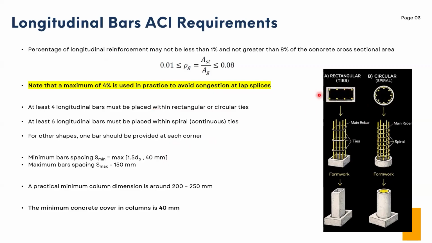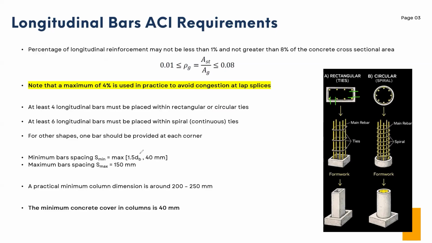As for the bars spacing, the maximum spacing between bars should be 150 millimeters. So the spacing between these 2 bars should not exceed 150 millimeters, and between these 2 bars. And the minimum spacing is 1.5 diameter of the bar or 40 millimeters, the maximum of these two.